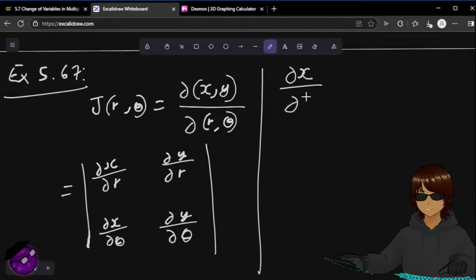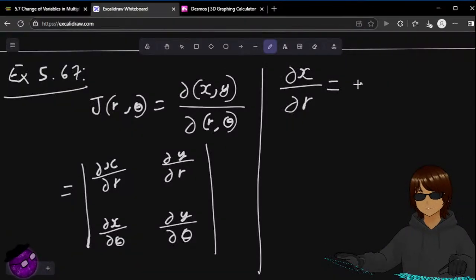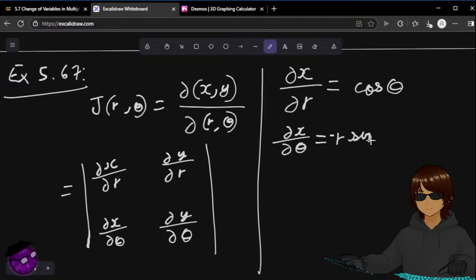The derivative of x with respect to r is just cos theta. With respect to theta, the derivative of cos is minus sine theta.